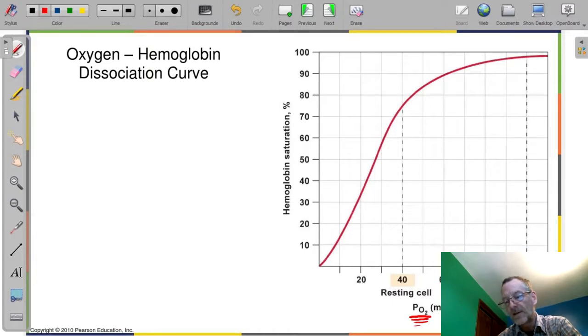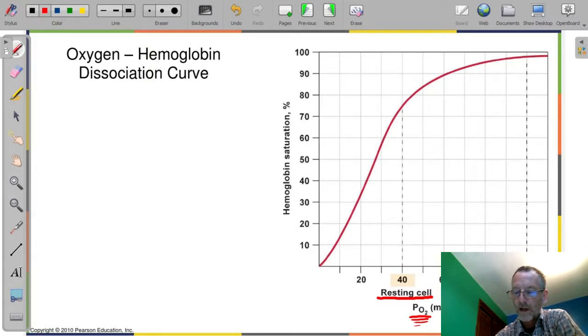So in the alveoli, we've said that it's about 100, and off in the tissues, those are resting tissues, it's about 40. So that's just the concentration or the partial pressure of oxygen. Under those conditions, at those partial pressures, hemoglobin has more or less oxygen bound to it. So you just read the curve.